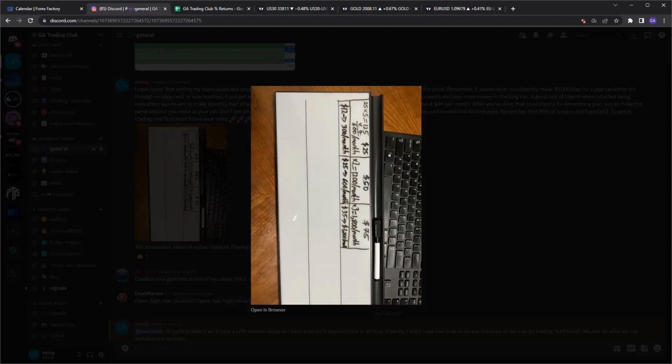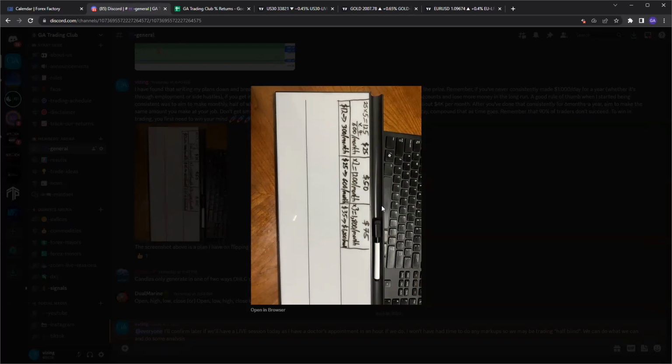What I've done right now is I've set that small live account to close the terminal automatically once it reaches $50 profit. And right now I just see that it's closed, so that means I made 50 for the day.